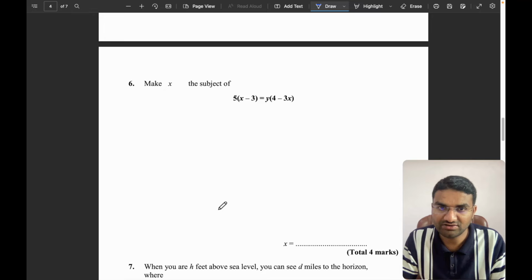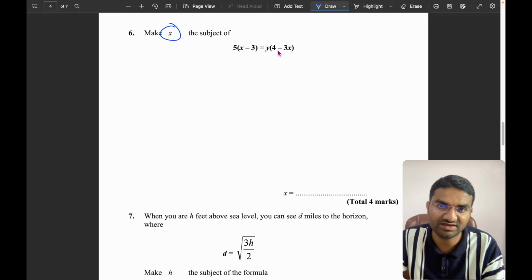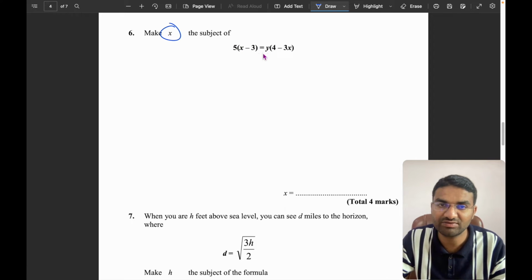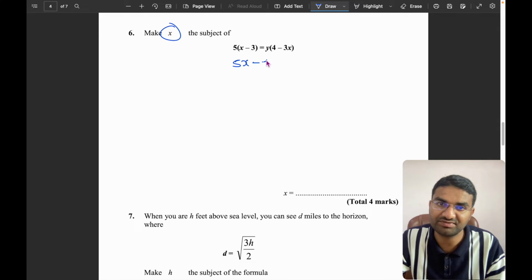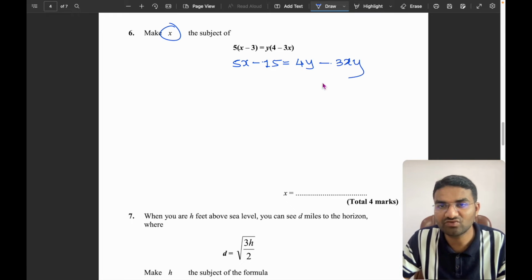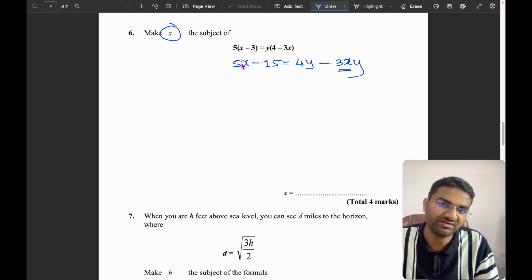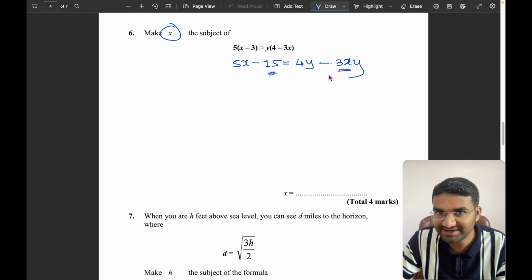Okay. Now next one, here, changing the subject of the formula, you have to make x the subject. If you see here, x is on both sides, so firstly multiply 5 into the whole bracket. So 5x minus 15 is equal to 4y minus 3xy, right? So transfer this 3xy to the left and 15 to the right. That's it.